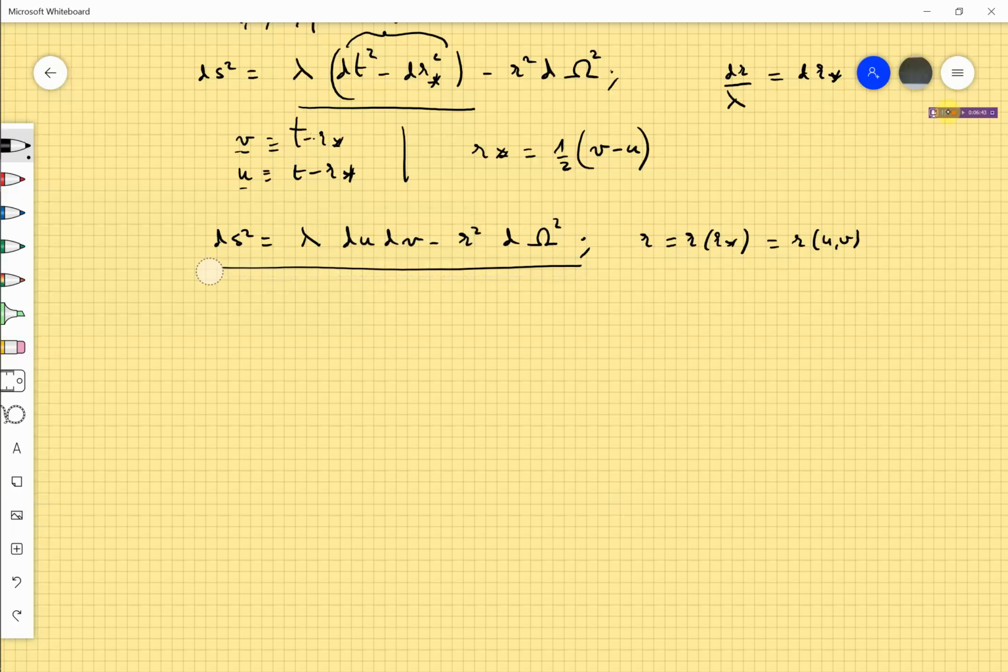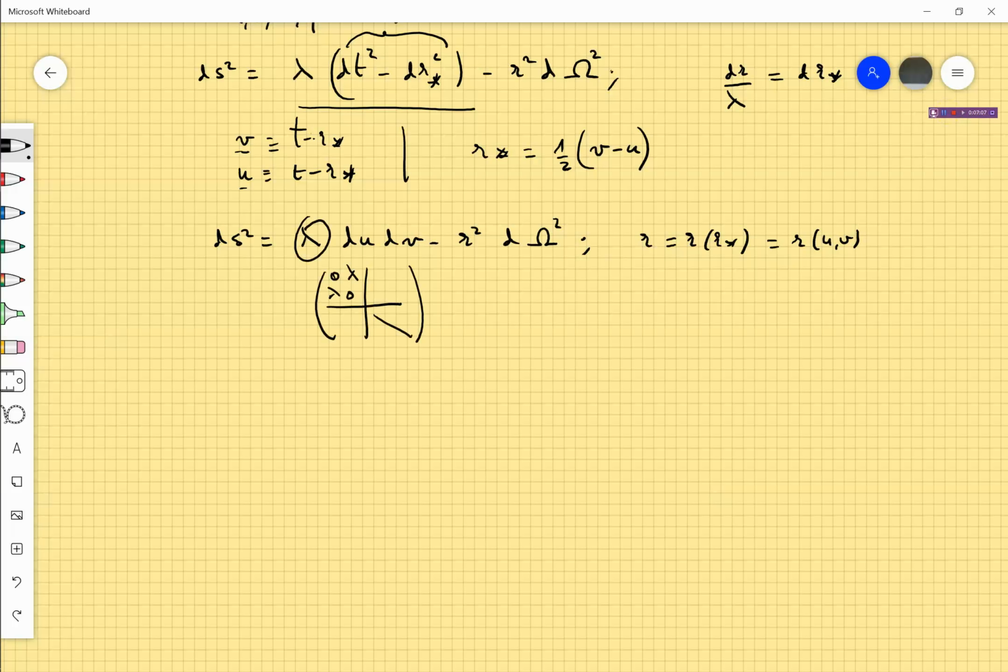However, in these coordinates u and v, the metric is not regular at rs, because at rs lambda vanishes, and the metric, which we can write in matrix form in this way, with the angular part here, which doesn't matter very much, has a determinant proportional to lambda squared.